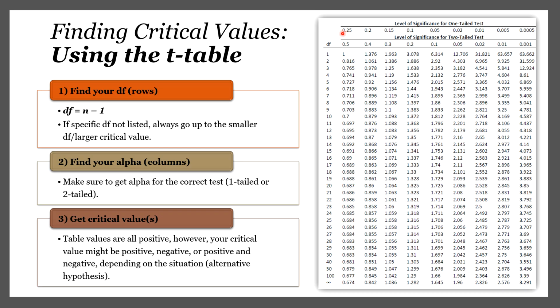Notice there are two rows of alpha values, one row for the one-tail test and the second row for a two-tail test. So figure out if you're using a one-tail test or two-tail test and find the appropriate alpha value, and that gives you the column. Now you have the row, you have the column, and that is going to give you your critical t value or t values.